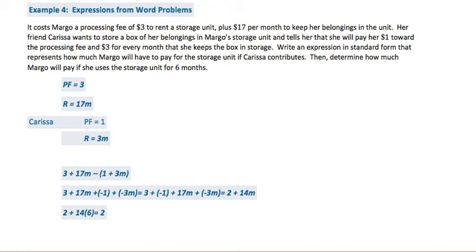And using the order of operations, we'll do 2 plus 14 times 6, which is 84. And so Margot will have to pay $86 if Carissa contributes.